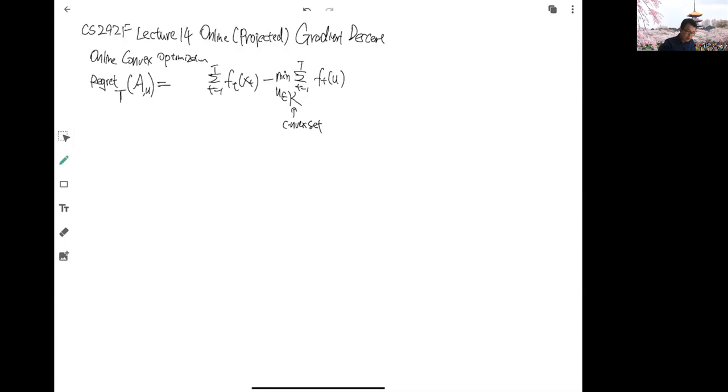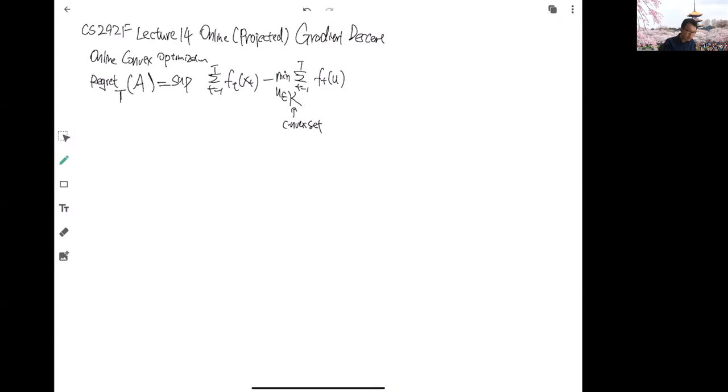Notice that this regret is often an upper bound that we derive. Depending on the sequence of convex functions f_1 to f_T that we receive, we get different regrets. In terms of analyzing the algorithm and coming up with a performance guarantee, we're taking the worst-case perspective. We want to design an algorithm that minimizes the worst-case regret.